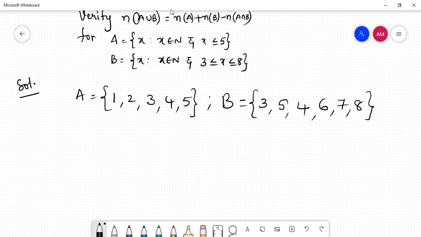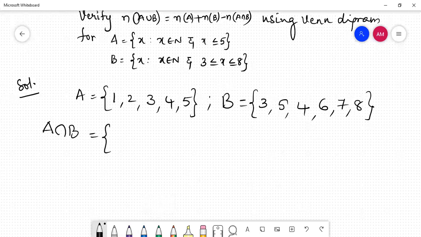Okay. Now, since we have to verify this using a Venn diagram, let us take the Venn diagram. In order to draw the Venn diagram, first what we have to do is find A intersection B. So what is A intersection B?